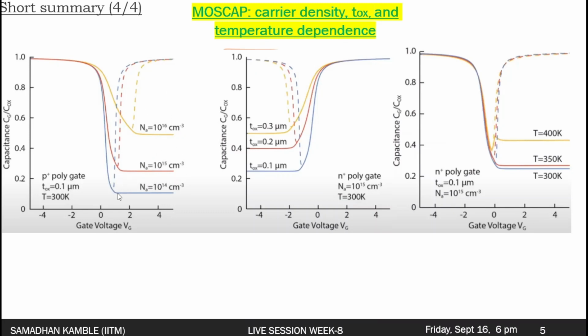The threshold voltage, where the inversion region begins to happen, has increased when Na, the carrier density, is increased, which we have discussed in the lectures also.